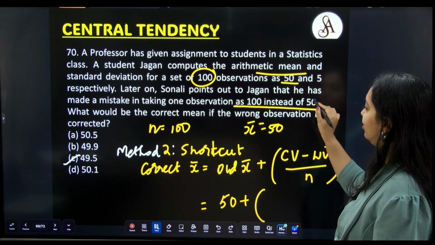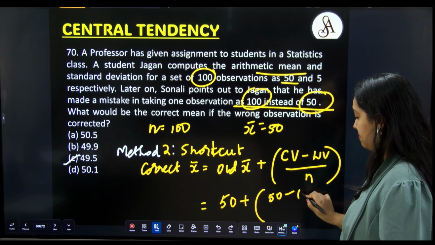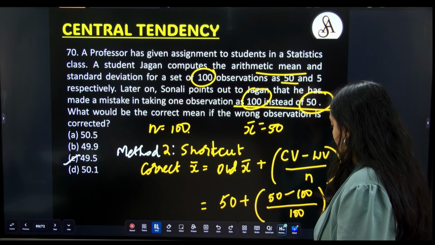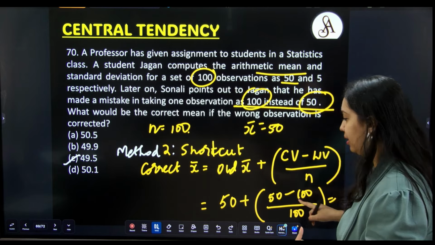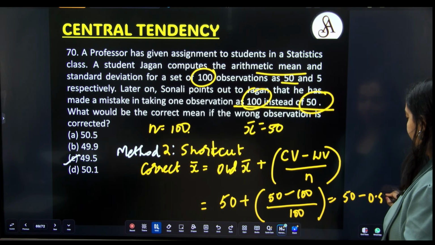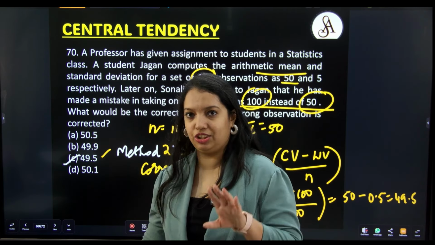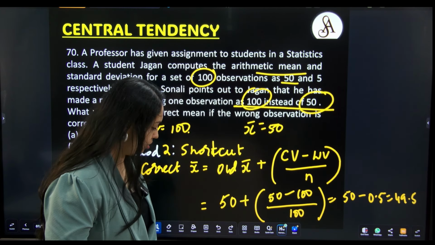What is correct value given in the question? 50. What is wrong value taken in the question? 100. Divided by n. N is given in the question as 100. Do this calculation. 50 minus 100 is minus 50 by 100, minus 0.5. 50 minus 0.5, 49.5. Basically, option C is correct. Generally, whenever they give wrong arithmetic mean, correct arithmetic mean, apply this shortcut formula.